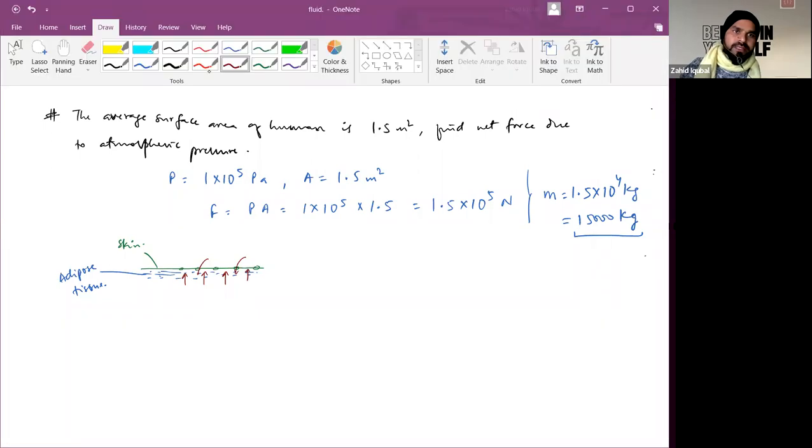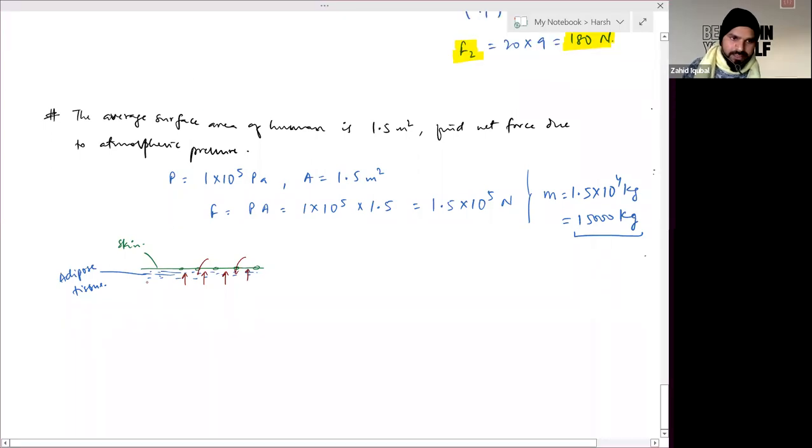Also, there will be blood capillaries flowing across it, so there will be blood pressure towards this direction.